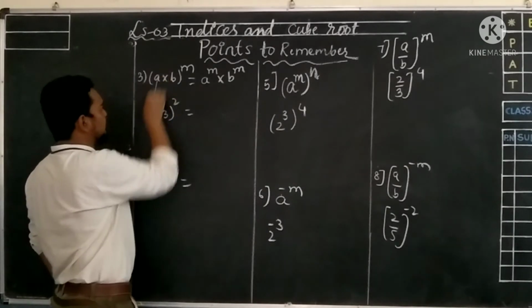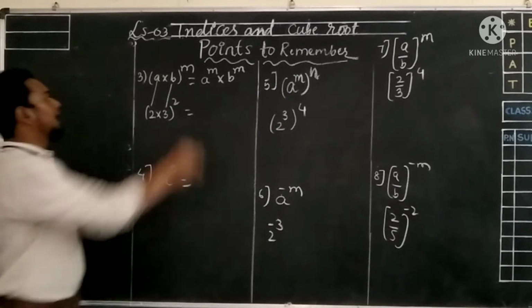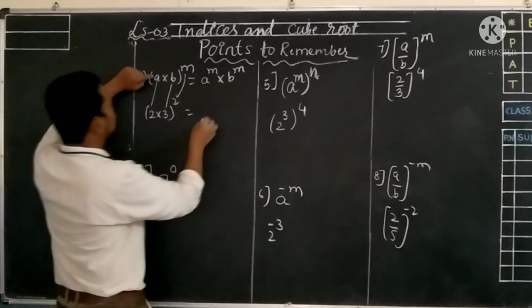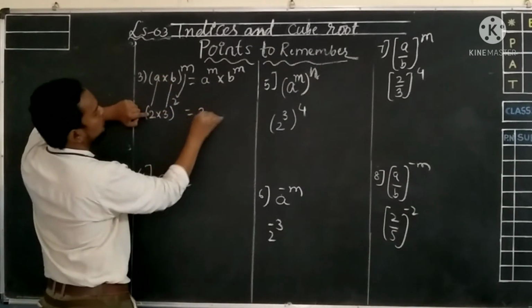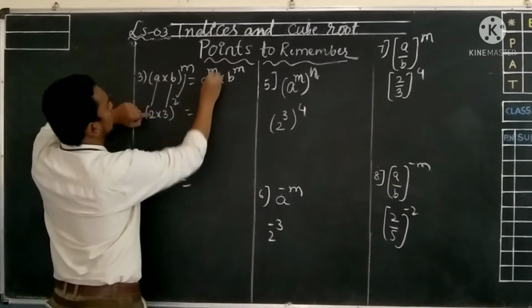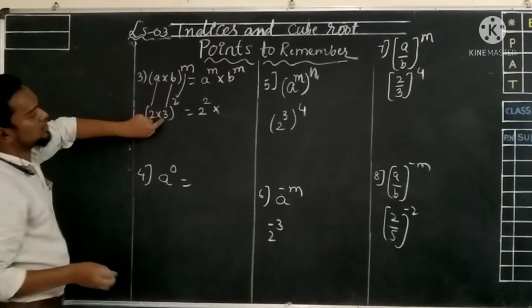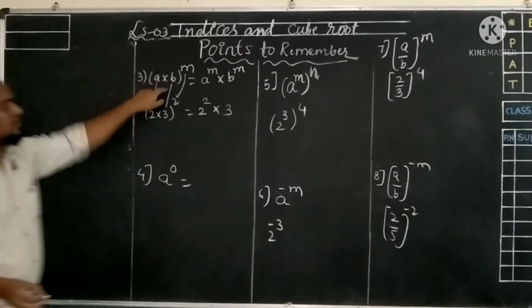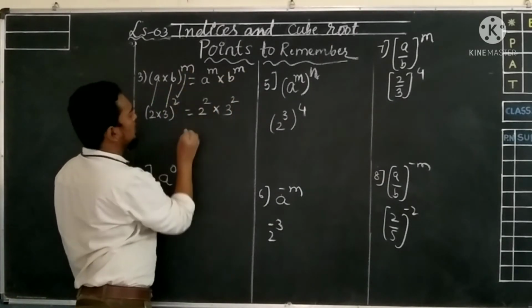This is considered as a, this as b, and m is 2. a is 2, b is 3, m is 2.